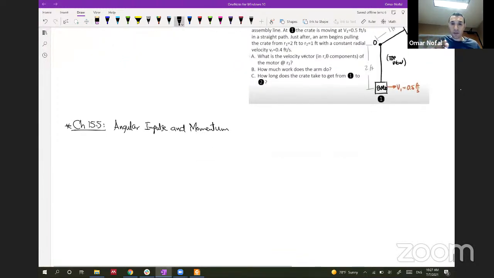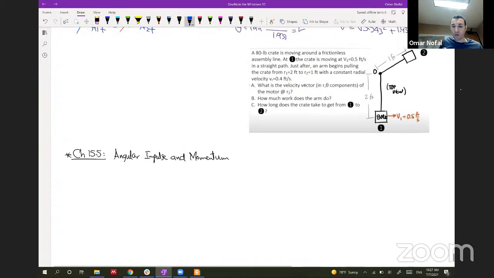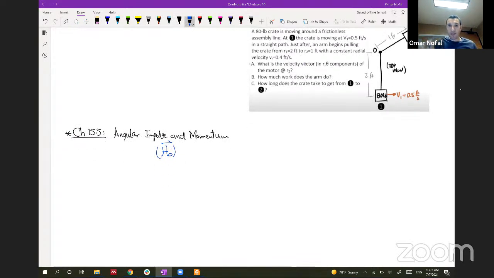So we are moving to a new concept, which is the angular momentum, and we call it HO, and it's a vector quantity. So what is this quantity?